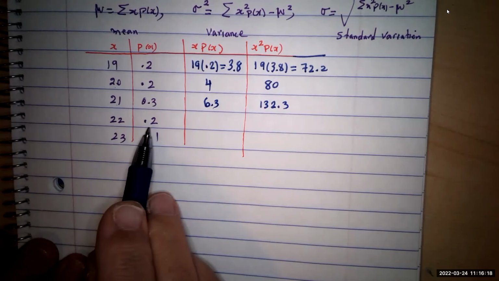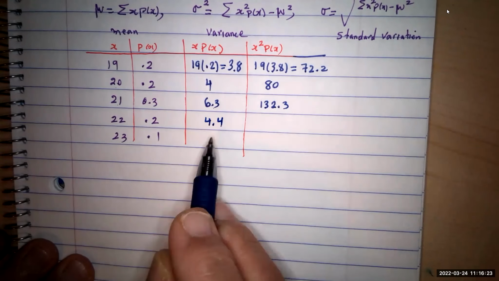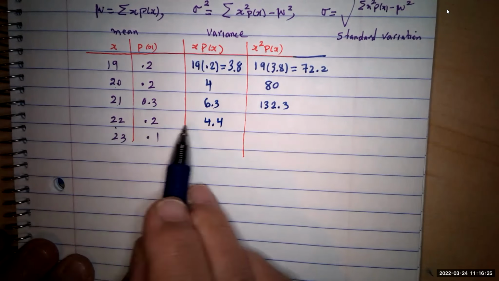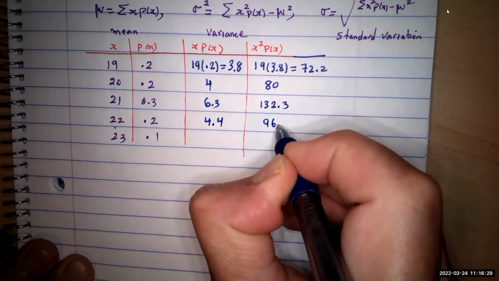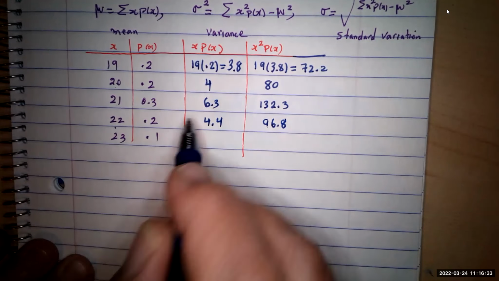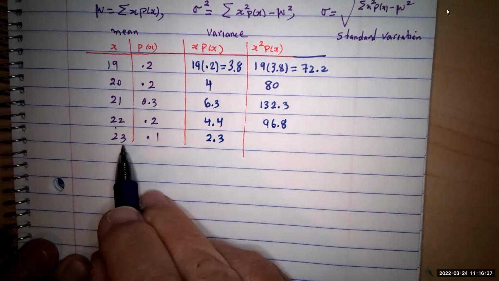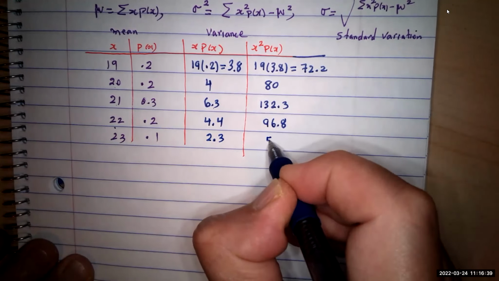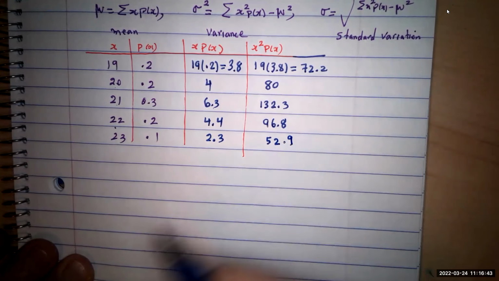Multiply these two together, that gives you 4.4. Multiply by X again, 22 times 4.4, that gives you 96.8. Then 23 times 0.1 gives you 2.3. We multiply by X, 23 times 2.3, that gives you 52.9. That's it.